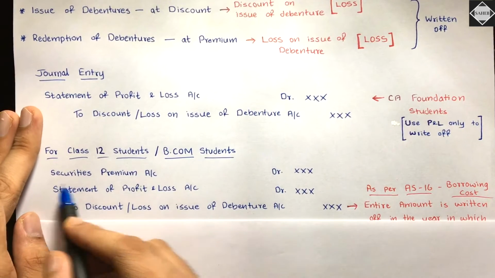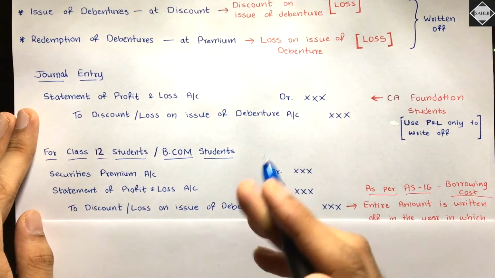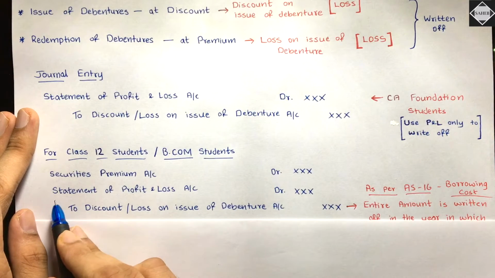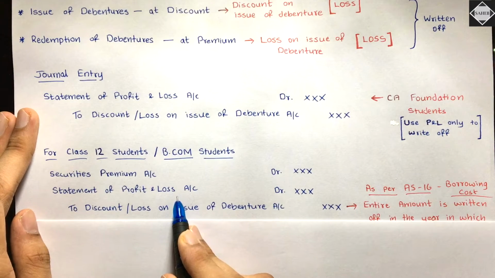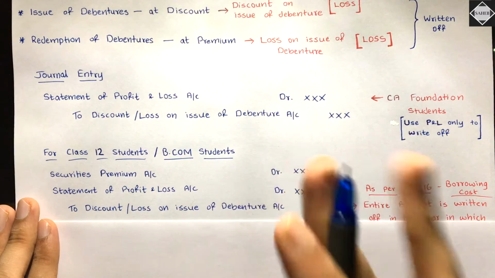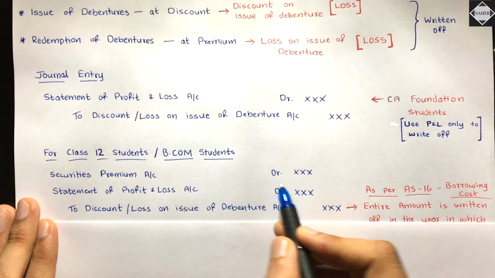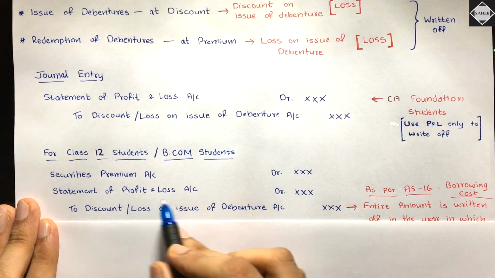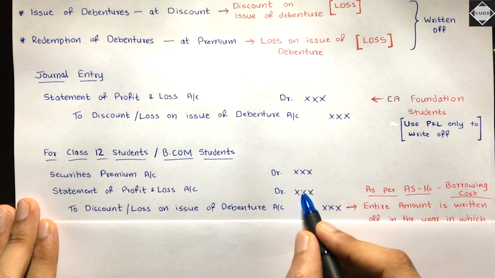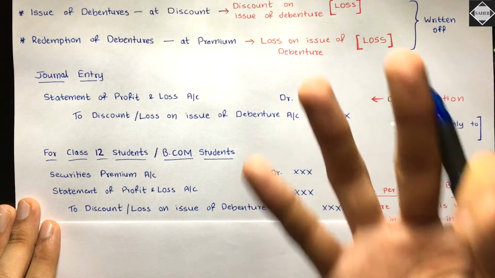See here, securities premium account, you will have to use securities premium account if it exists, and then the balance to statement of profit and loss account. Fine, let's just say, for example, securities premium of 10 rupees is there in the question. So securities premium account, debit 10 rupees. Statement of profit and loss account, the balance you will take, 20 rupees, because the total discount and loss on issue of debenture is rupees 30, isn't it?